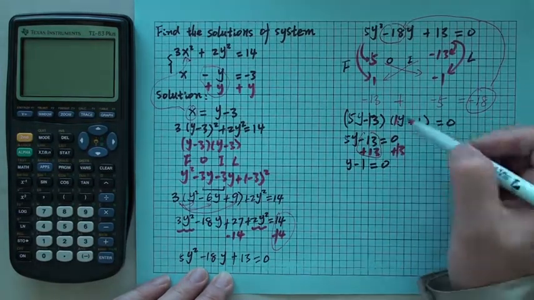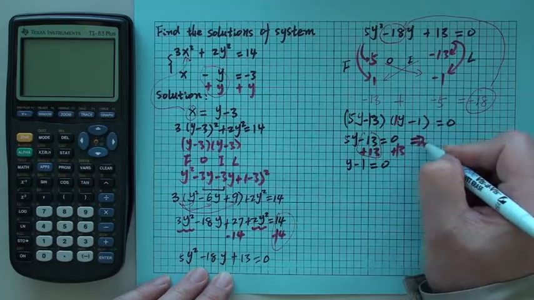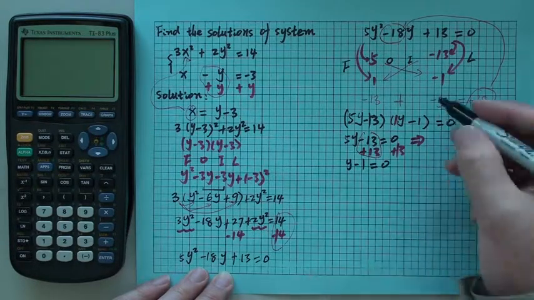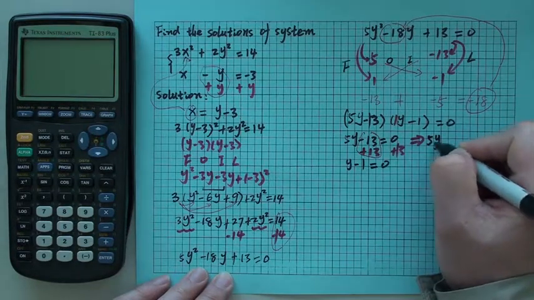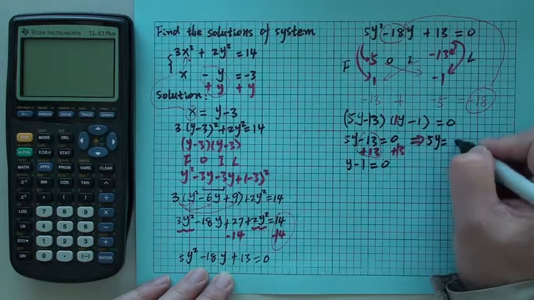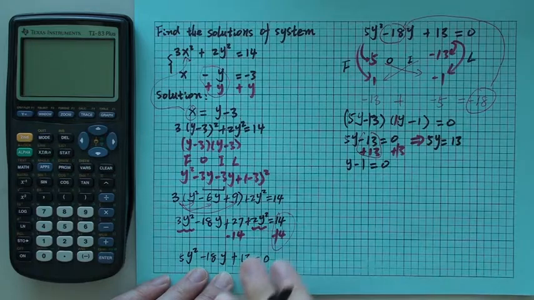So what we get is 5y on the left, and 13 plus 0 is still 13.